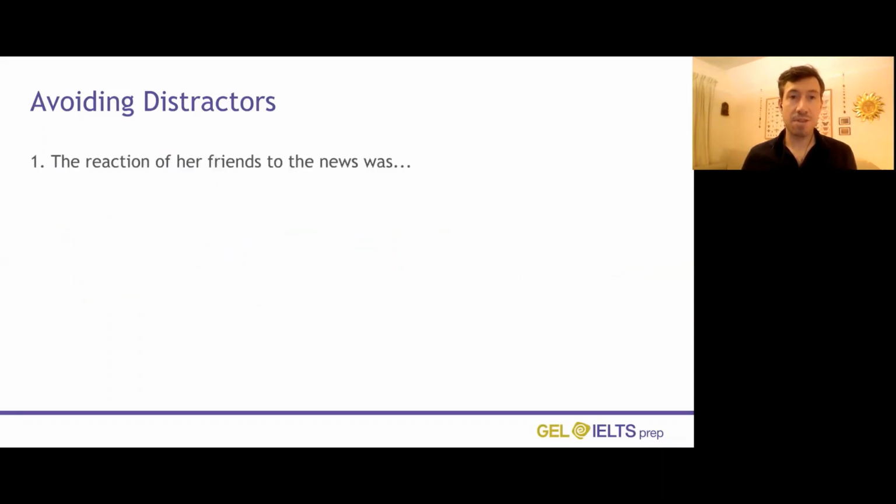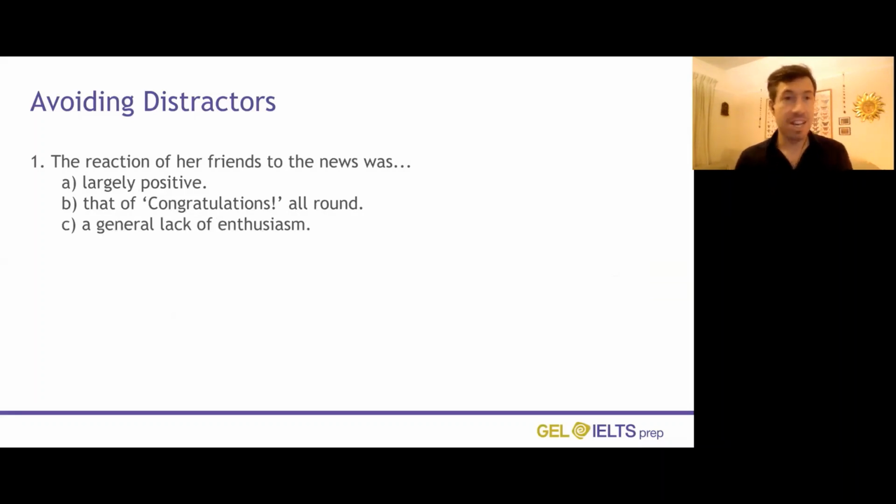So here's another question. It says, the reaction of her friends to the news was A, largely positive, B, that of congratulations all round, and C, a general lack of enthusiasm. So let's look at the keywords again. We've got here reaction of her friends to the news was largely positive, congratulations all round, or a general lack of enthusiasm.